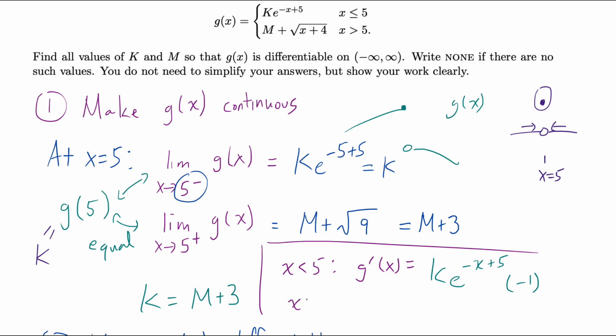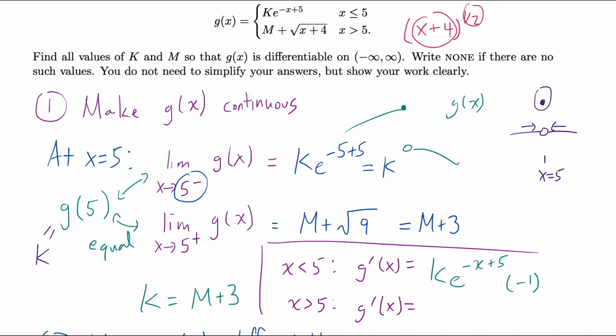What about x greater than 5? Well, here g prime of x, when I differentiate this, m is just a constant, so that becomes 0. Square root of x plus 4, if you're uncomfortable, write it as x plus 4 to the 1/2 power. So now we can use the chain rule. We have something to the 1/2 power.